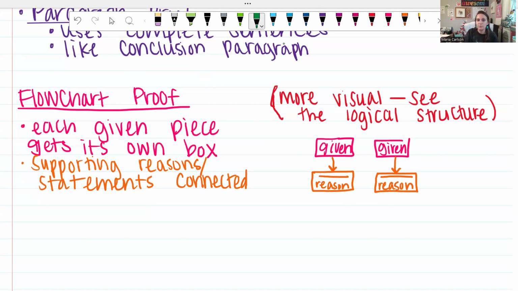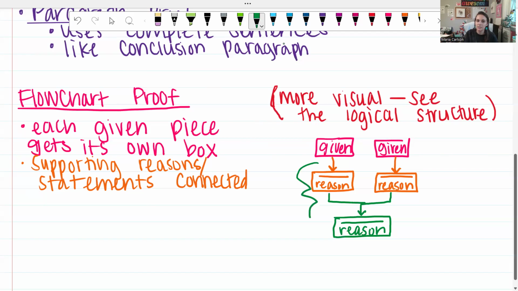And then maybe from there, I'm able to draw these two separate statements together. So now I have a new statement maybe that I can form with these two together and some supporting reason. So I'm using reasoning and I'm making my arguments. This is kind of like the body of our proof here.